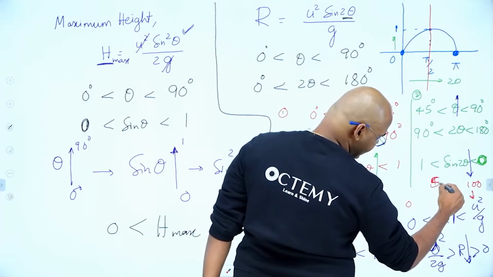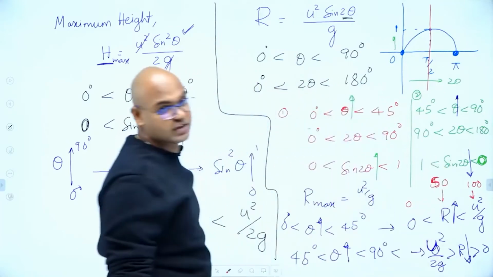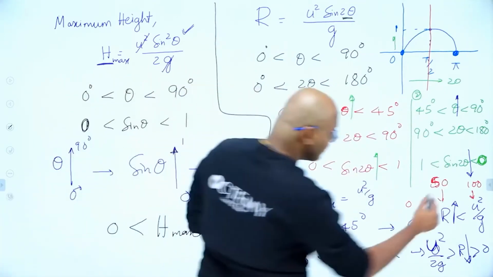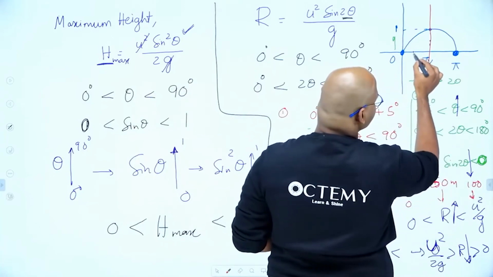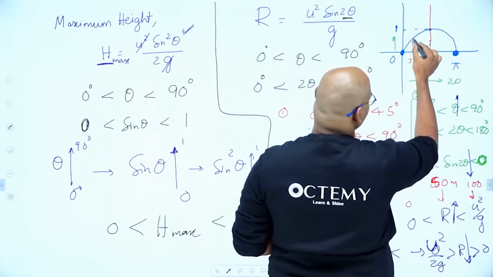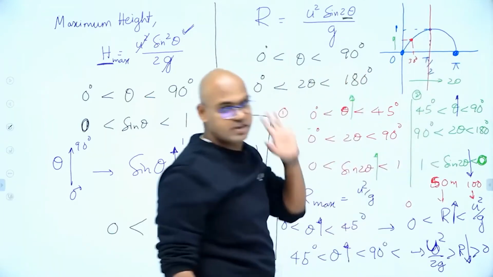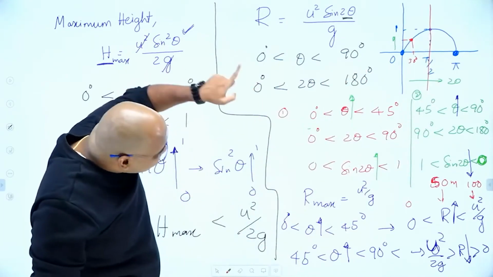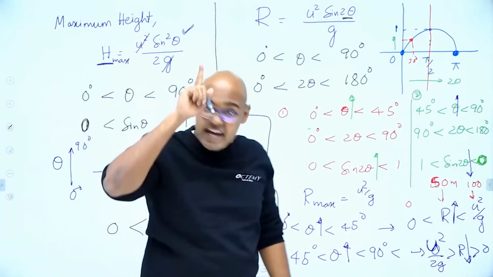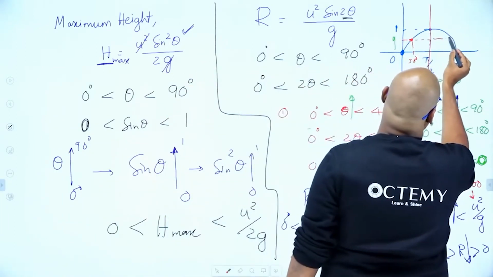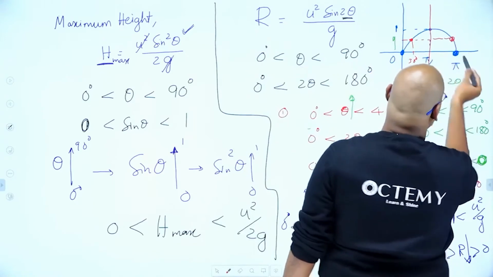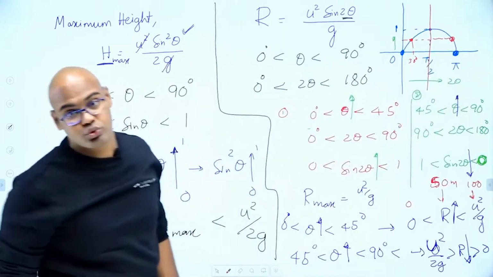At 15 degrees angle, here 30 degrees, I have a range of 50 meters. The same 50 meters range is possible with one more angle between pi by 2 to pi.